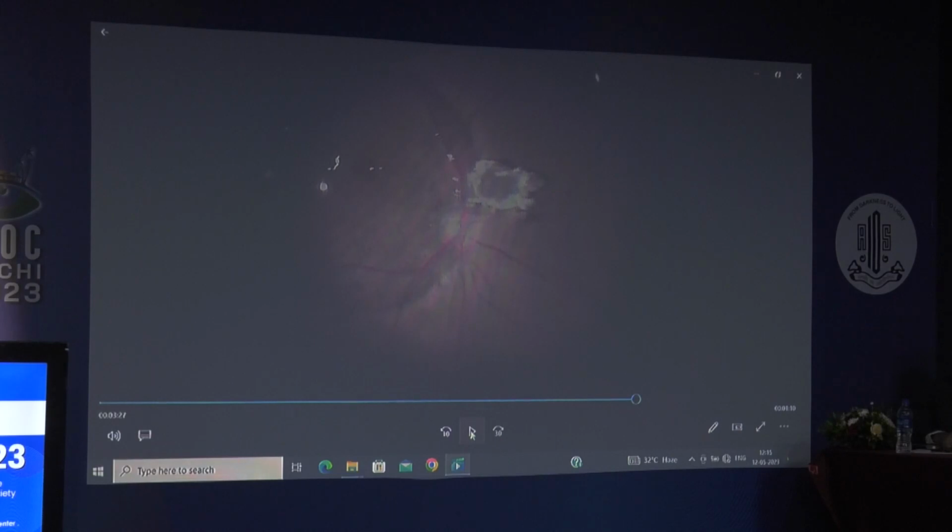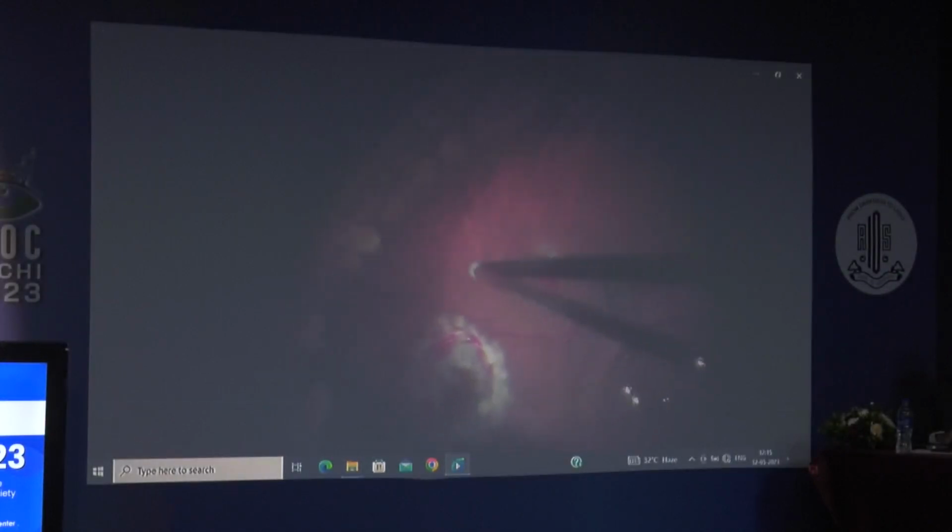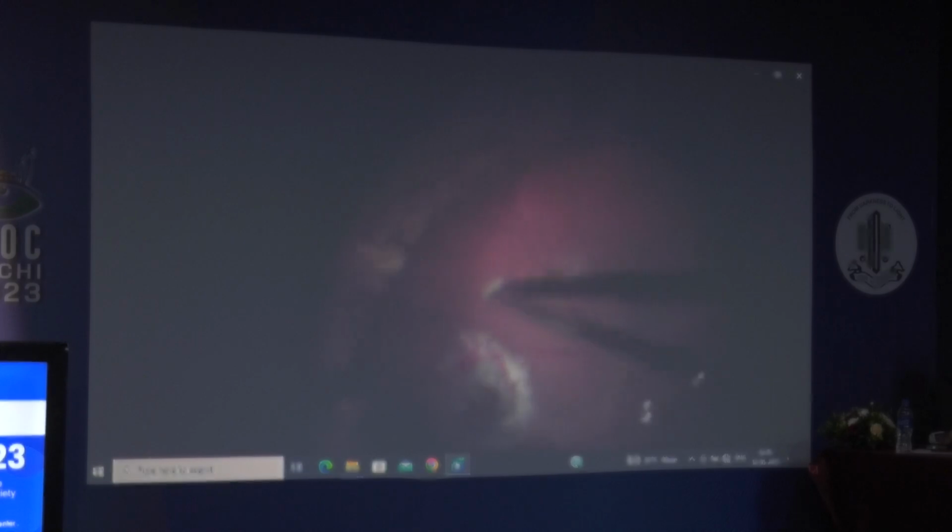And the moment I removed my right hand, there was turbulence, and before I could realize, within a split second, the graft flew away. And I could never find it. So I had to harvest another graft, as you can see here. The graft is gone. So I'm harvesting another graft beside the first graft.